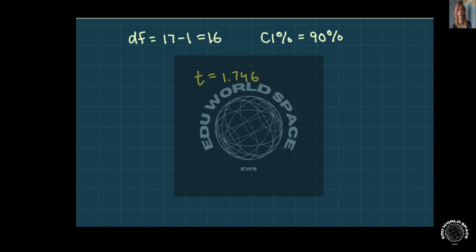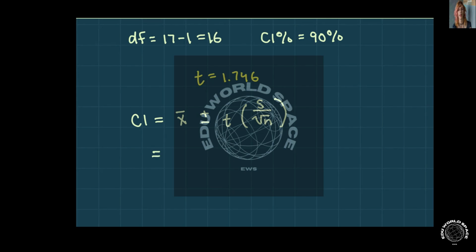Okay, so we have our 3 elements that we would need for a confidence interval. So let's write that out. Recall that the formula for a confidence interval is your x bar, or our sample mean, plus or minus t times s over the square root of n, where s is your sample standard deviation and n is the number of data points in your sample. So let's sub things in.